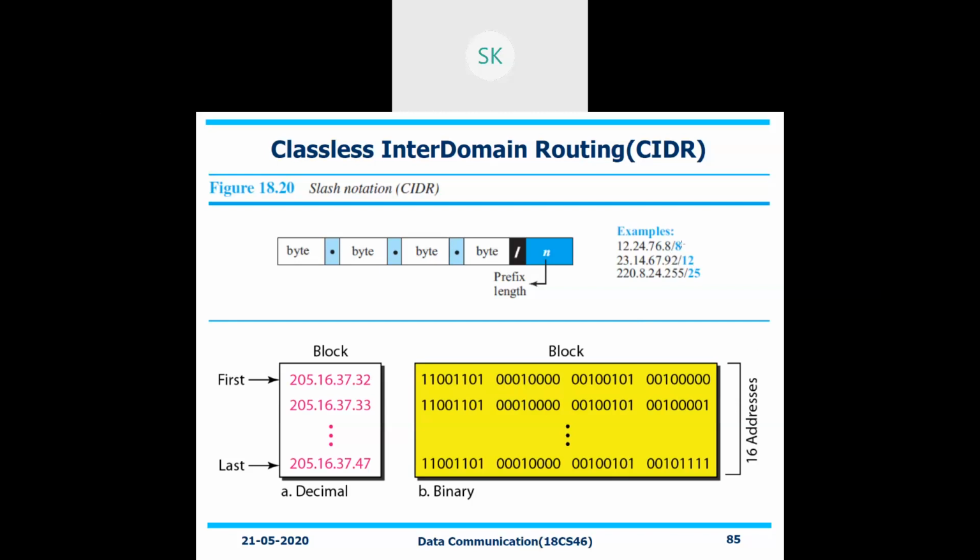It will always be addressed in terms of 2 to the power of something. 2 to the power of 8 is how much? 256. Sorry, 128 addresses will be reserved for this particular thing. Depending on how much you require, you just give this particular value. Depending on this value, that many addresses will be reserved for your complete usage. That's how it works with classless interdomain routing.